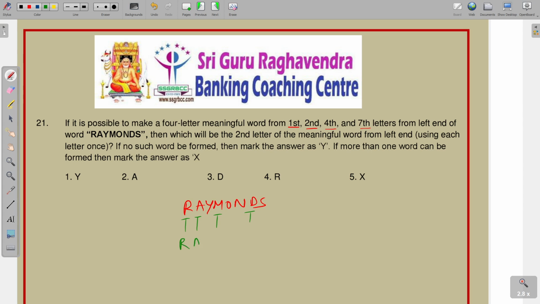So see, R, A, M, D. From these 4 letters, how many meaningful words can be formed? We can make only one meaningful word, that is D, R, A, M, drum. D, R, A, M is the only word. So what will be the second letter of the meaningful word from the left? That is R, the answer.